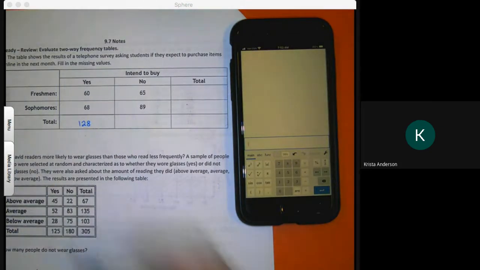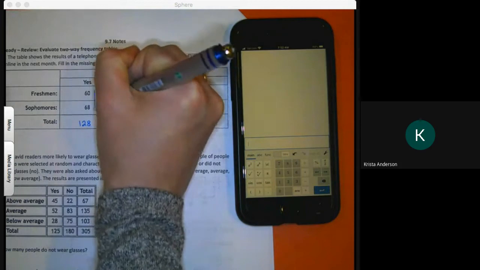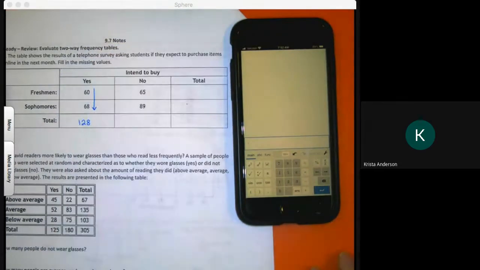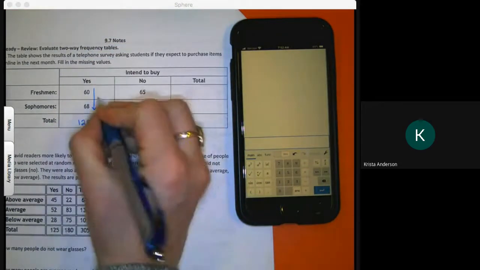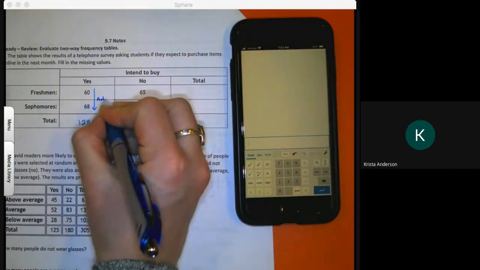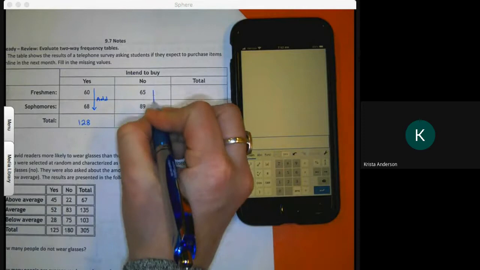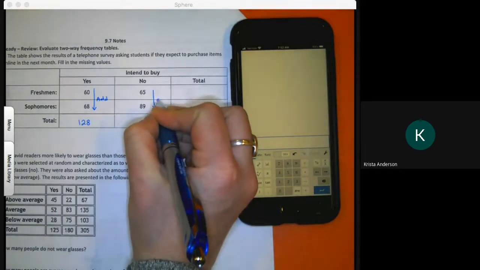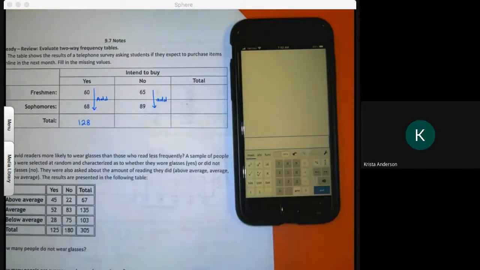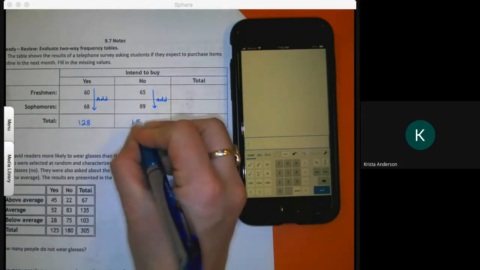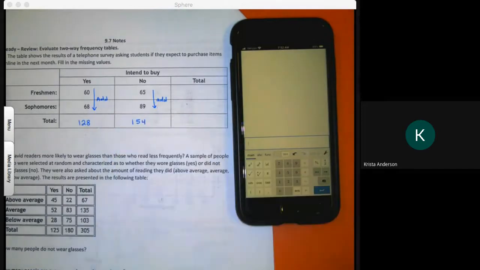So we added straight down. How many total students said no? Is that true?